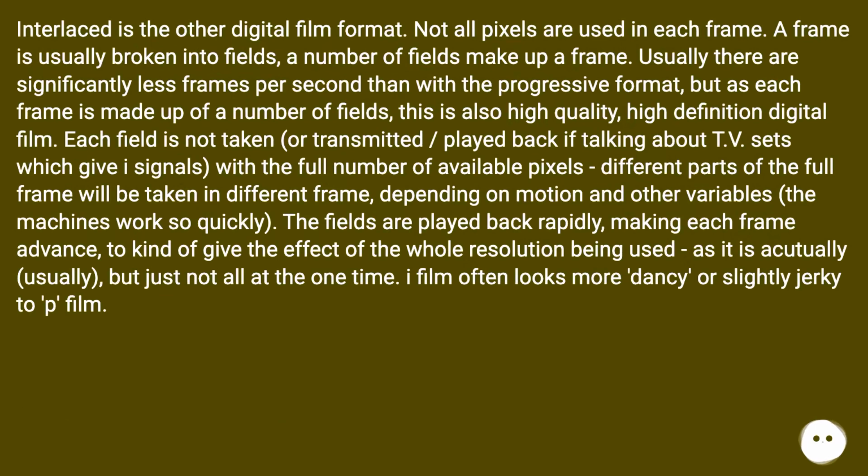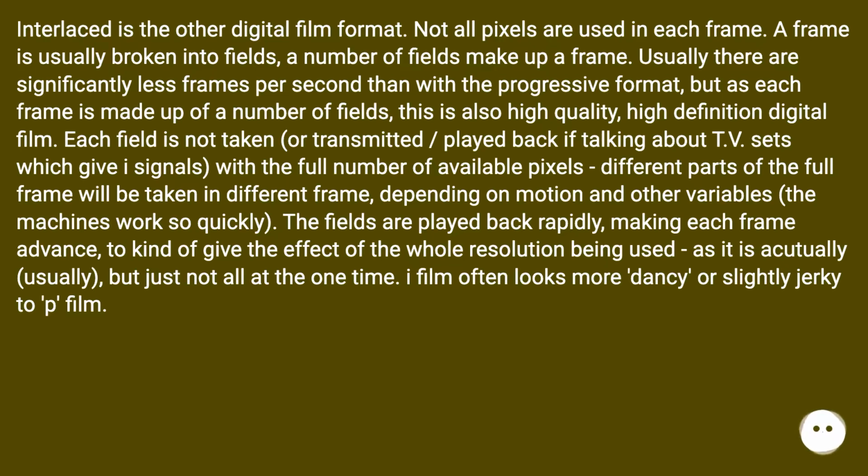Interlaced is the other digital film format. Not all pixels are used in each frame. A frame is usually broken into fields, and a number of fields make up a frame. Usually there are significantly fewer frames per second than with the progressive format, but as each frame is made up of a number of fields, this is also high-quality, high-definition digital film.